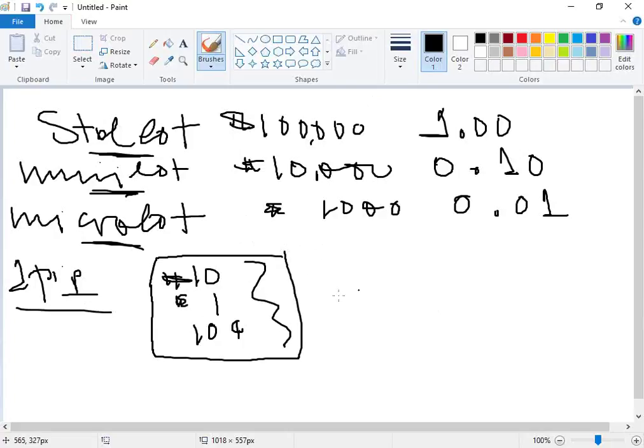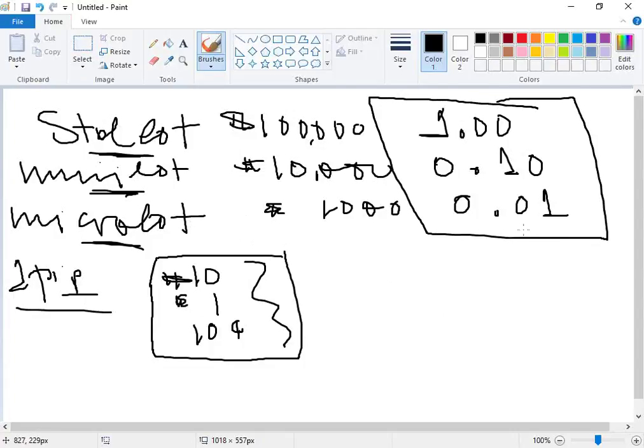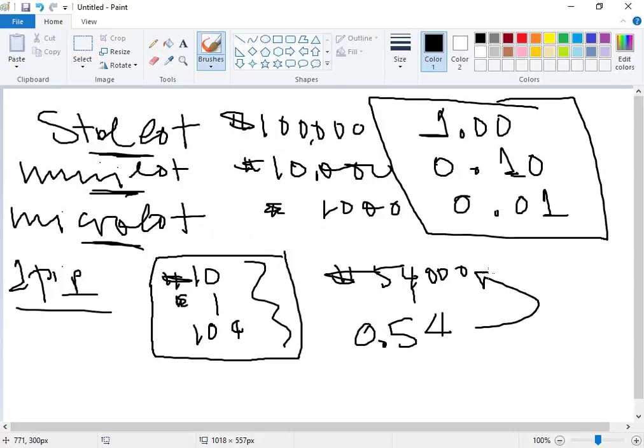Okay, now when you're executing your trade, obviously you're combining the various execution entry points that you're using. So for example, if I wanted to execute a $54,000 transaction, my trade would be 5 minis, so it'd be 0.5, and 4 micros, which is 0.54. That reflects a $54,000 transaction.